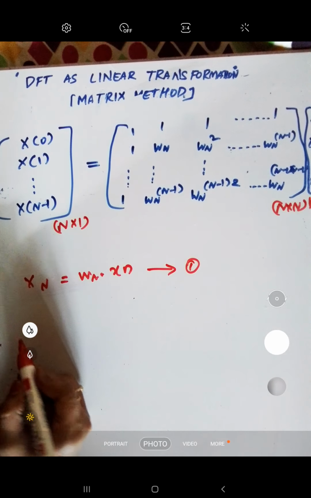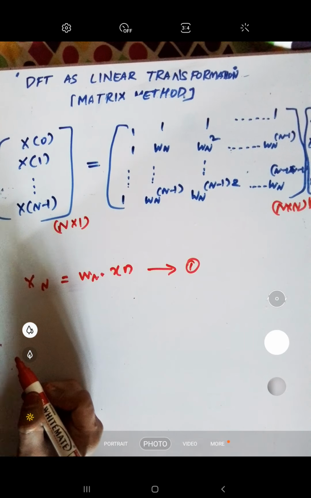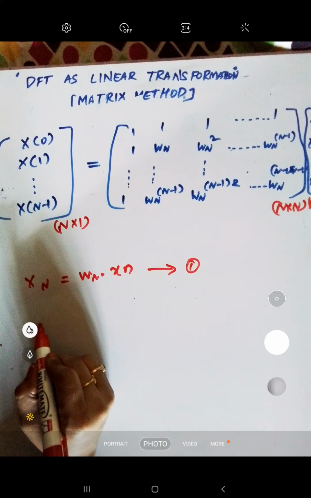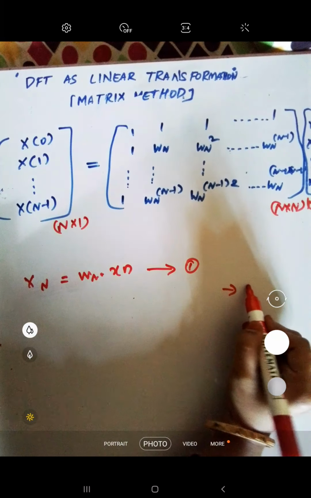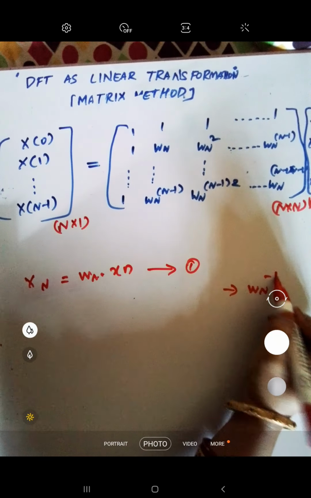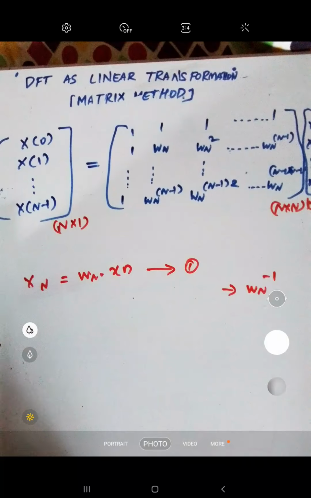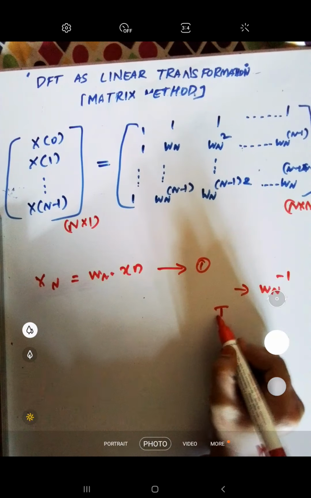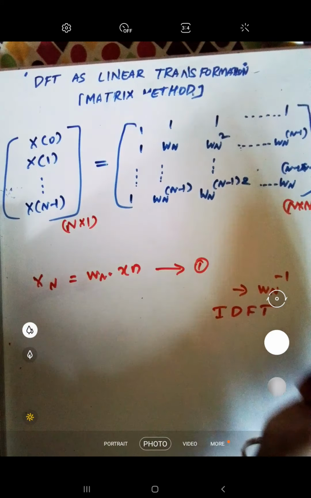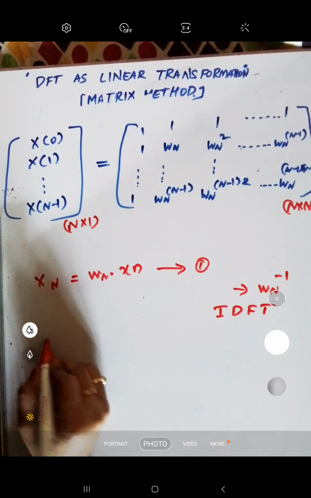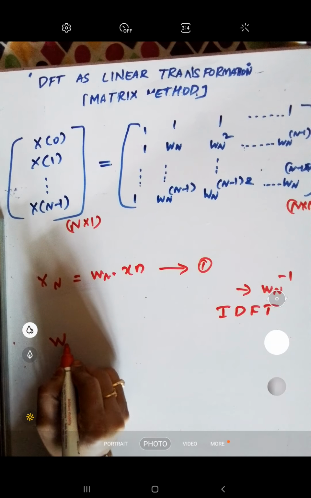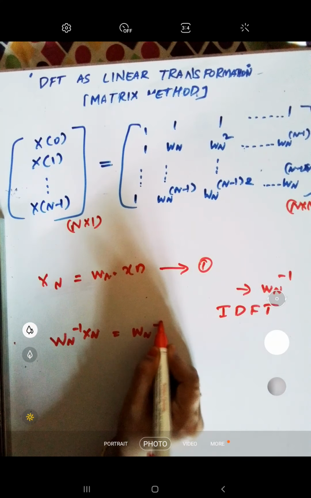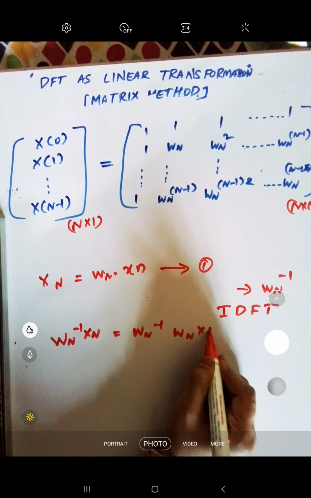Let us pre-multiply by W_N inverse. Remember that W_N to the power of minus 1 is just a symbolic representation of the inverse, in the equation of the inverse discrete Fourier transform. Then W_N to the power of minus 1 X of k is equal to W_N to the power of minus 1 into W_N x of n.